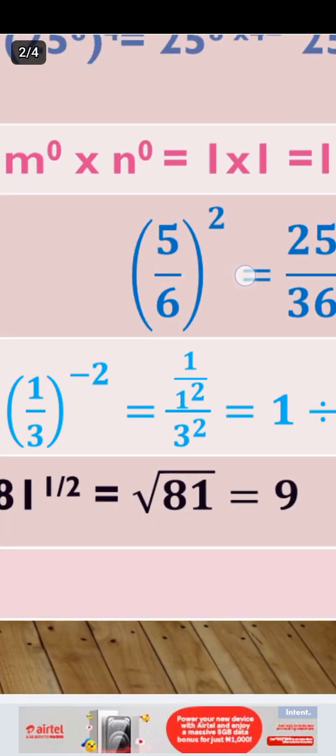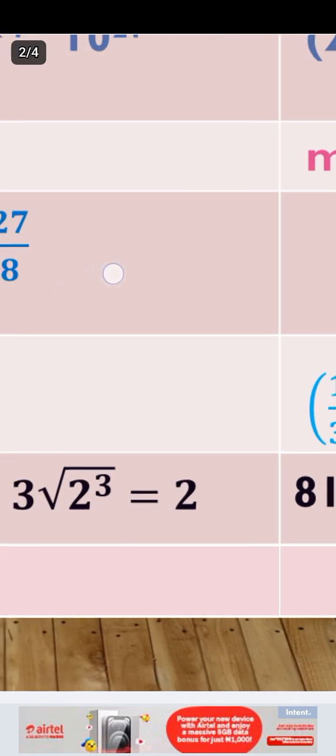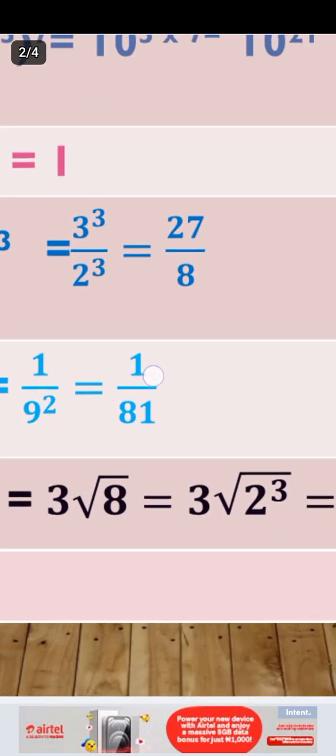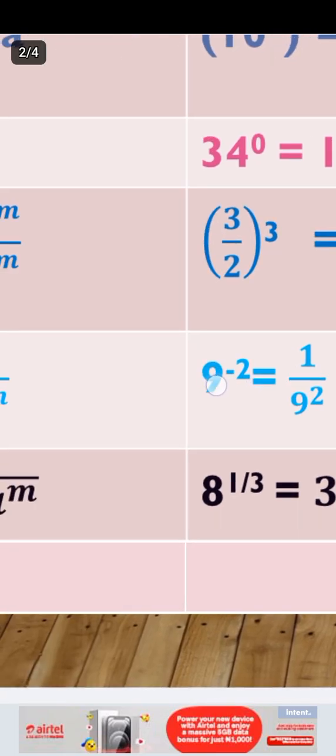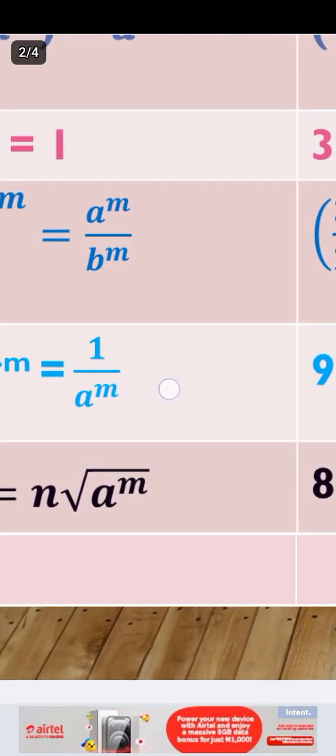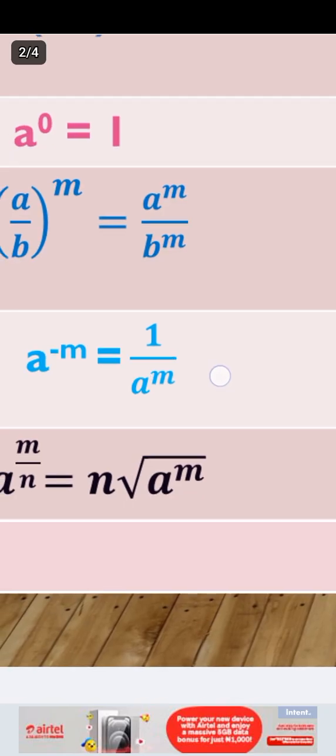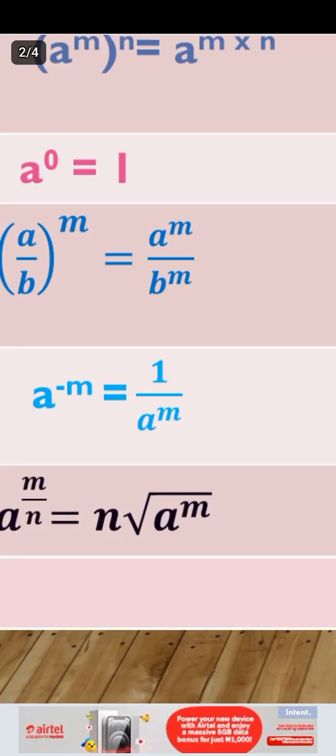Now, let's take the next one. The next one is talking about any number raised to a negative power, which is the same thing as the reciprocal of that number.